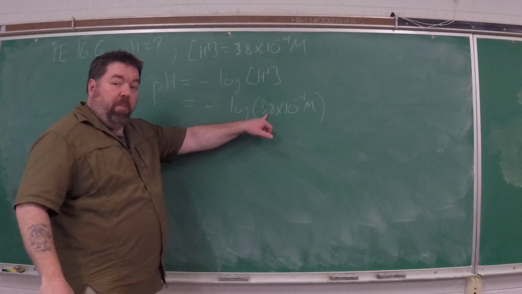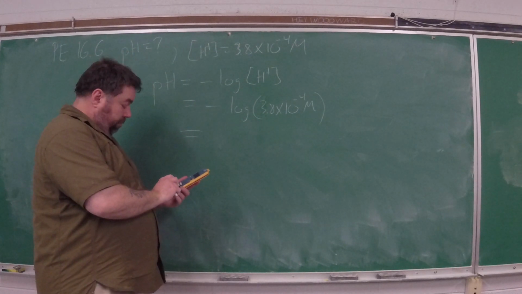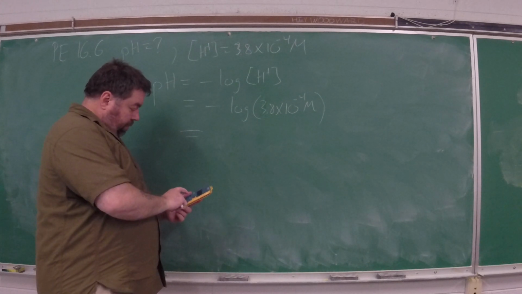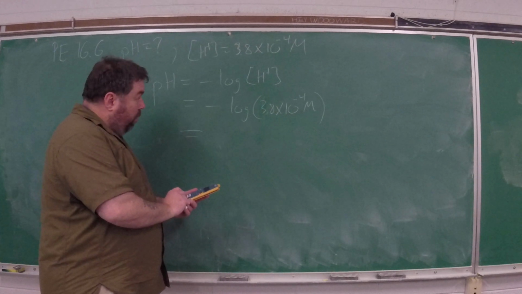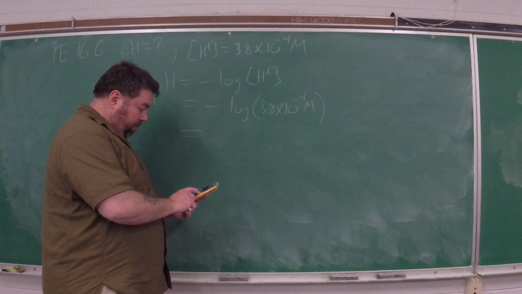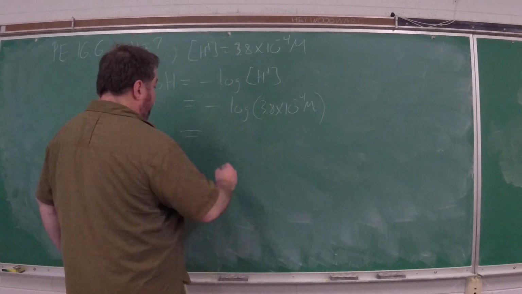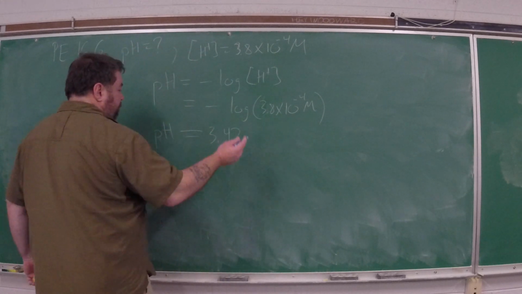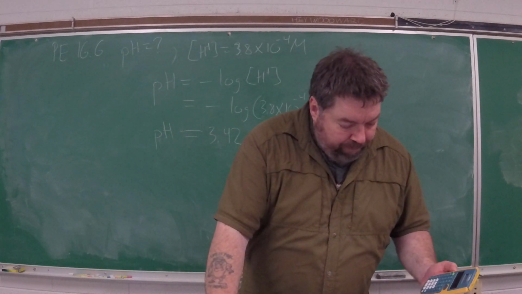You'll end up with 2 decimal places, because you have 2 significant figures there. I'm getting 3.42 for the pH.